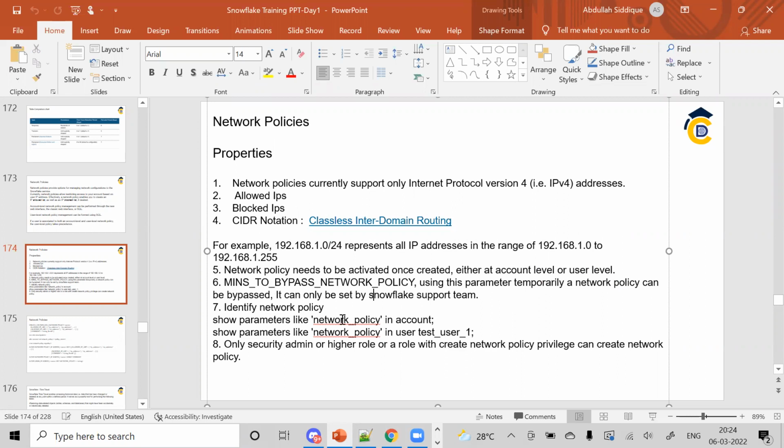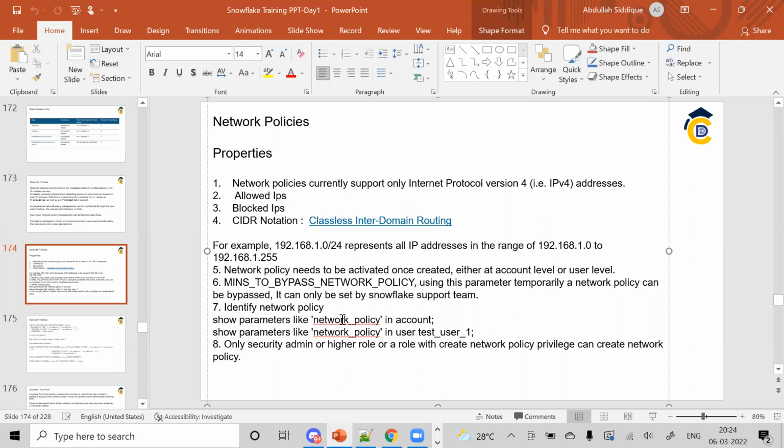And you can also, for example, if you want some user to log in, irrespective of the policy it is attached to, from some IP which is not allowed to access the URL because it is not part of the network policy, you can still do it for some time, but that Snowflake support member has to do it for you, if there is some urgency.